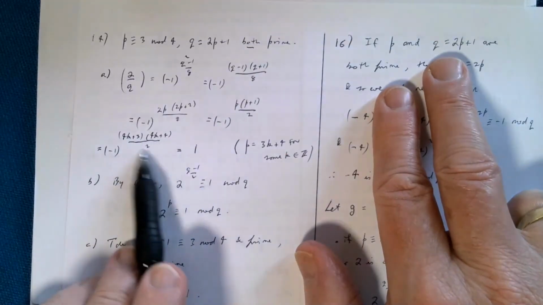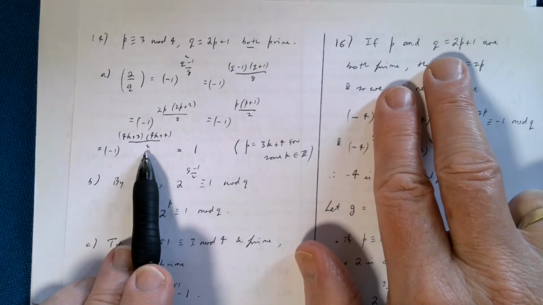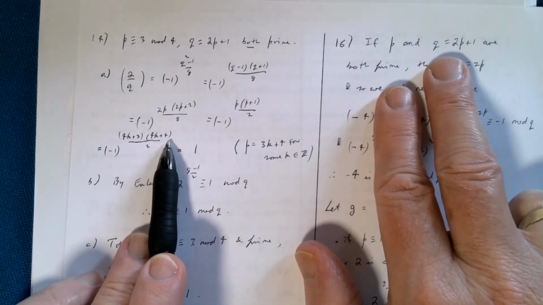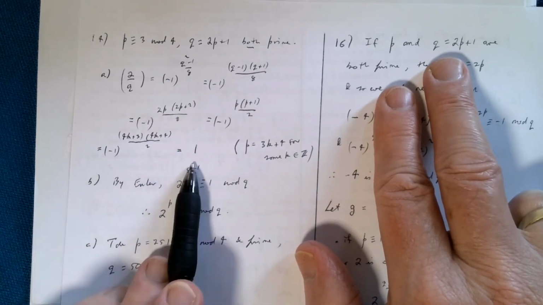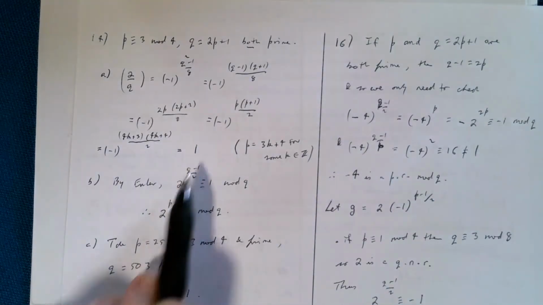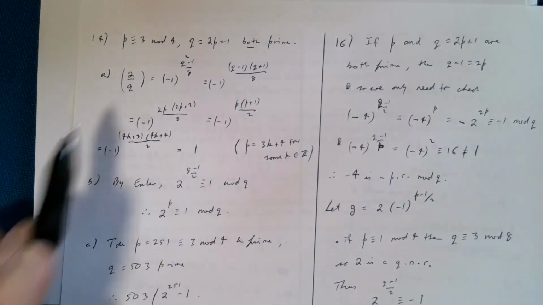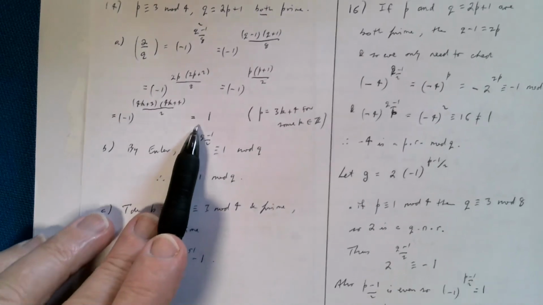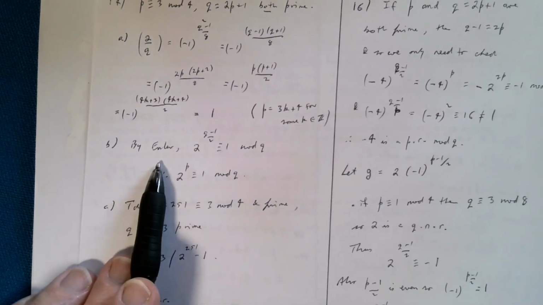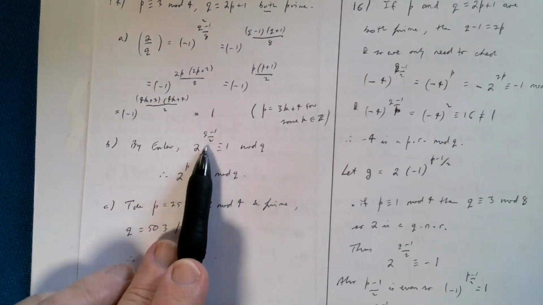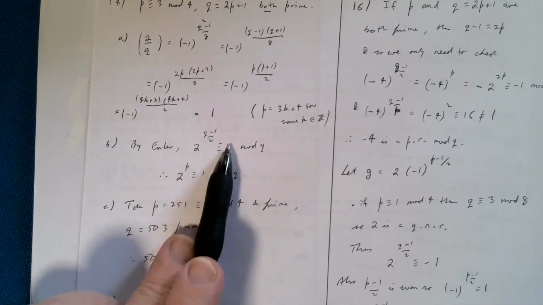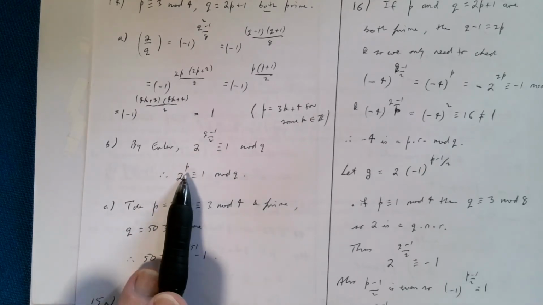And now once we get to here, that 2 goes into that one, and you get 2k plus 2, which is even, so minus 1 to an even power is going to give me 1. So that gets me that part. (2 over q) is 1. I can now just apply Euler, and that's going to be 2 to the (q minus 1) over 2, and (q minus 1) over 2 of course is p, so 2 to the p is 1 mod q.